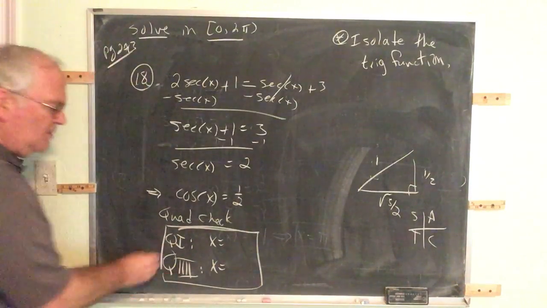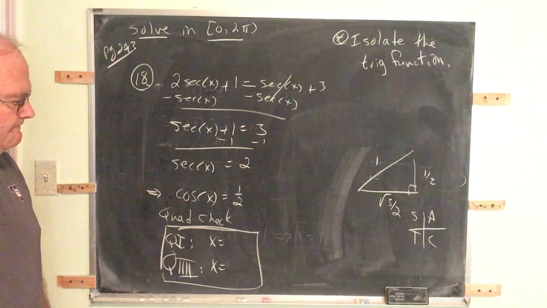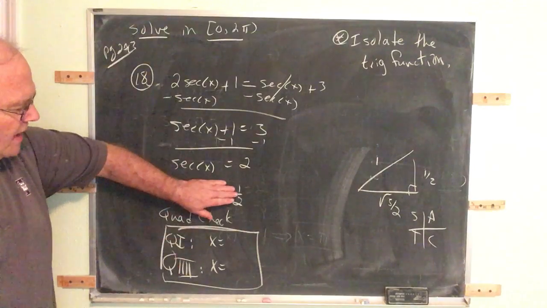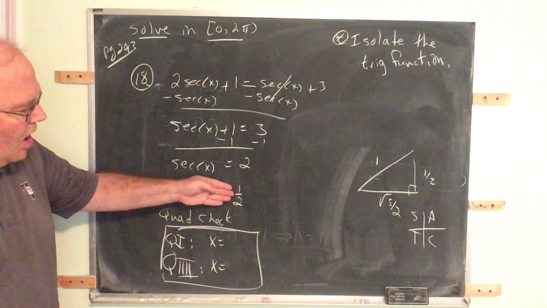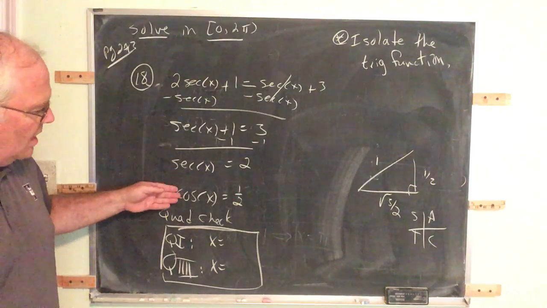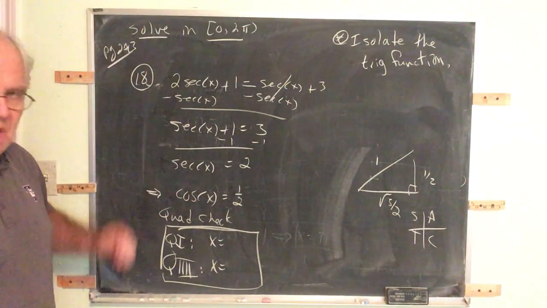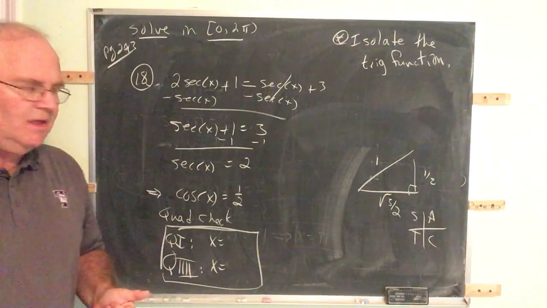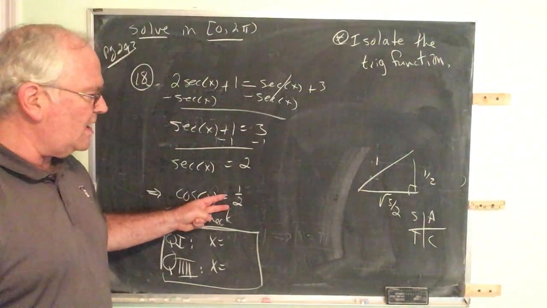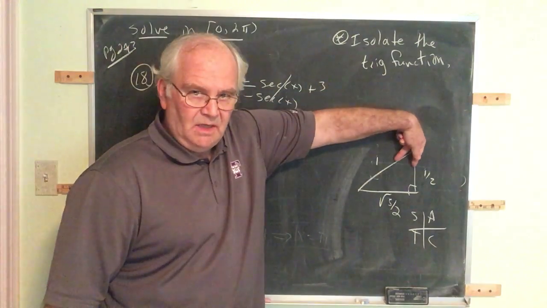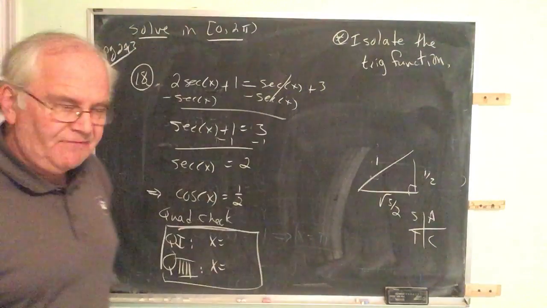And so we're done when we find those two numbers. Once we've done the quadrant check, the fact that this is positive or negative is totally irrelevant. All we're looking for is the 1/2. We want cosine because we know cosine is adjacent over hypotenuse. Either this angle, adjacent over hypotenuse, is equal to 1/2, or this angle, adjacent over hypotenuse, is 1/2.